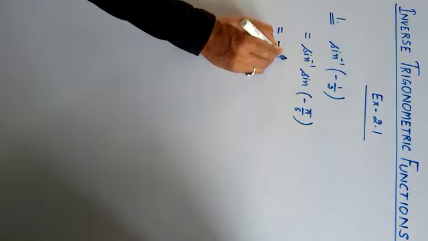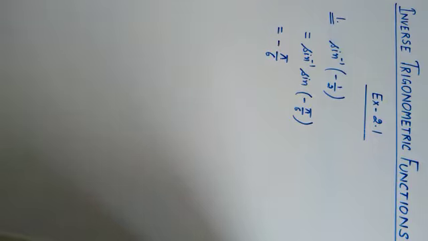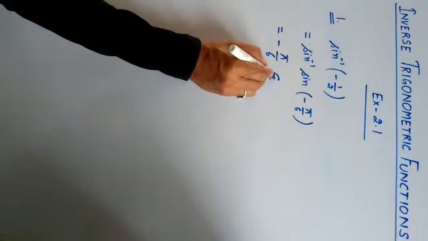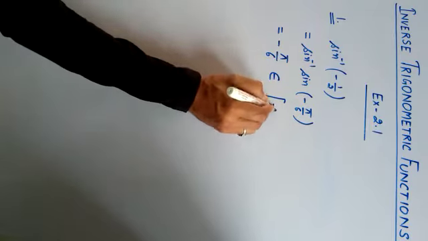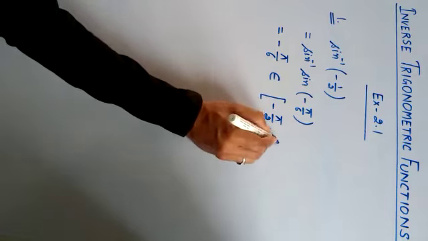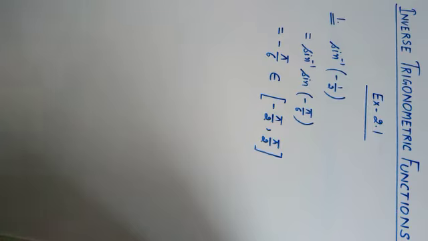So the answer is minus pi by 6. Now you have to check that this belongs to the range of sine inverse, minus pi by 2 to pi by 2 closed interval. So minus pi by 6 will be the principal value of sine inverse minus 1 by 2.